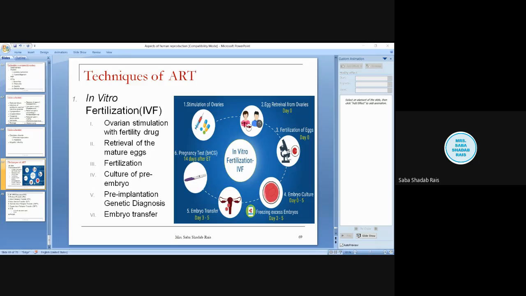Many other ethical and moral concerns are there, such as pre-embryo transfer and cryopreservation of the pre-embryo. Many types of objection are raised on this technique, but still many people go for ART, and many couples who are fighting with infertility are blessed with babies with this technique.